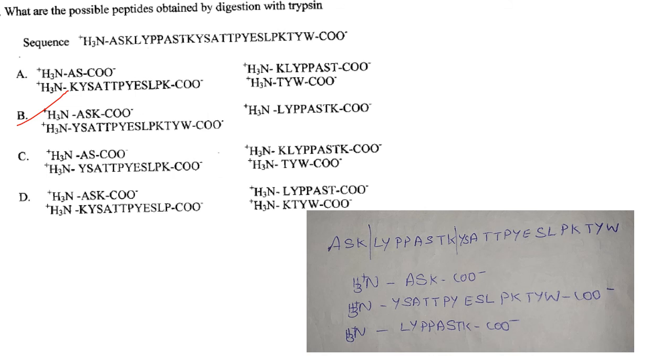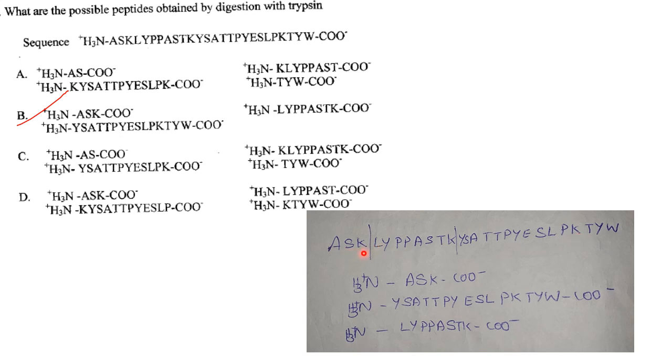Then what are the possible peptides obtained by digestion with trypsin? So trypsin cuts the peptide chain mainly at the carboxyl side of amino acids lysine and arginine. Okay, so K is lysine and R is arginine. So here is the polypeptide sequence that is given, and we have to see what are the digestion products of trypsin.